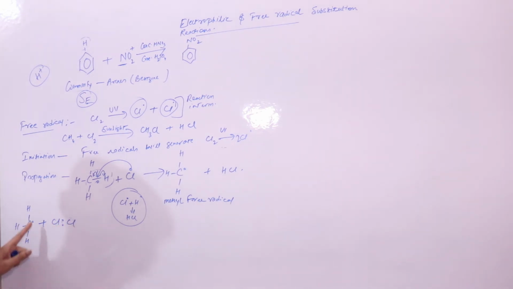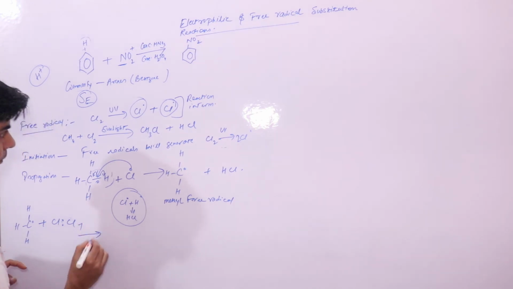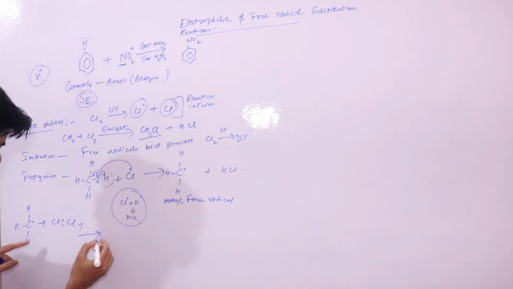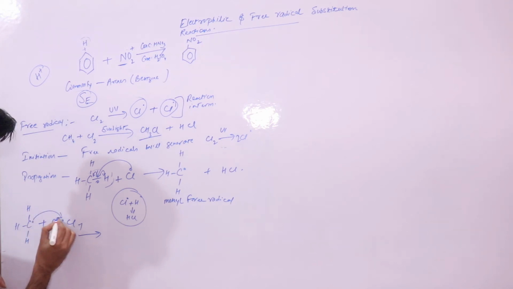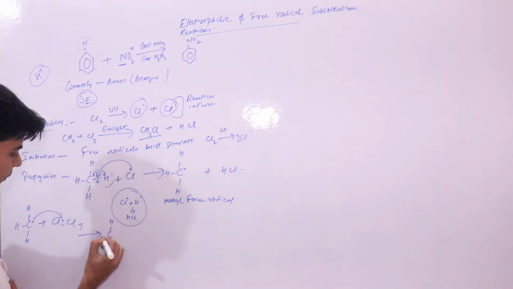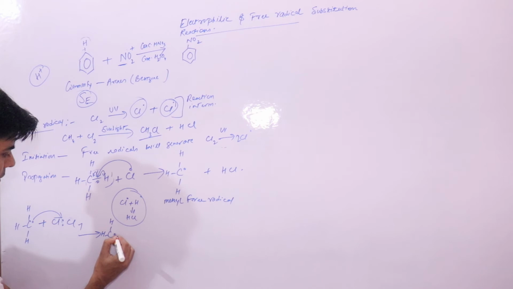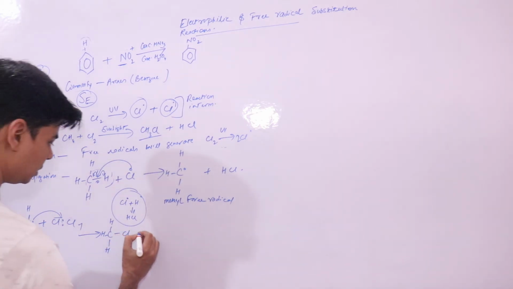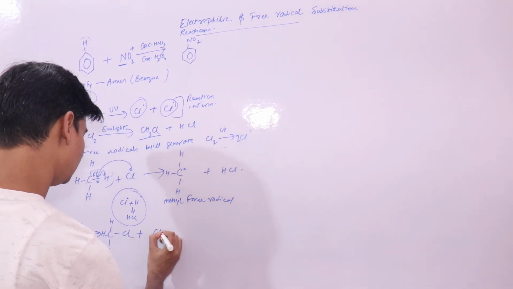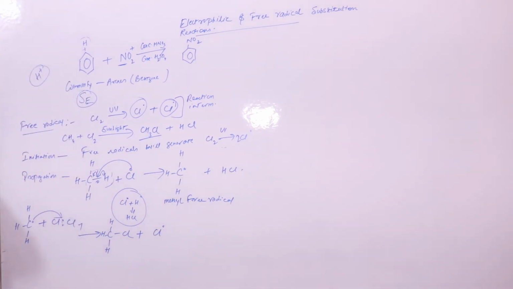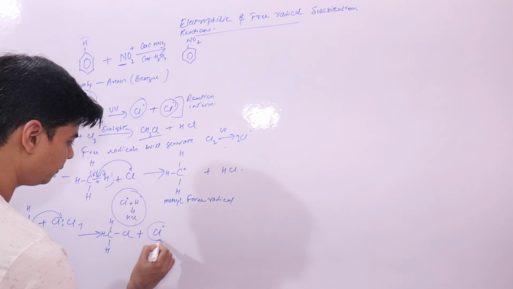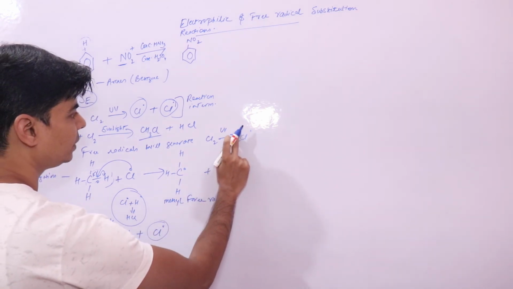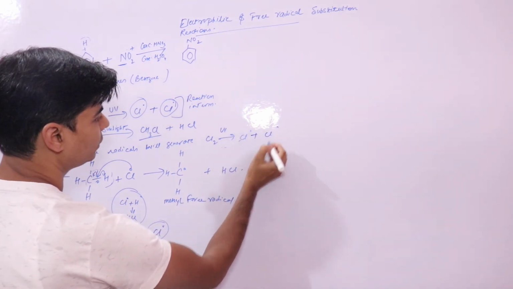It will attack another chlorine molecule to form CH3Cl. And now you still have one chlorine free radical. So here one chlorine free radical is left; these were actually two chlorine free radicals.